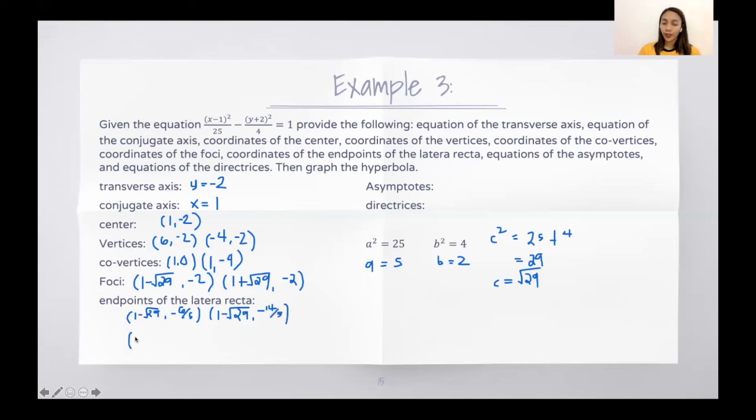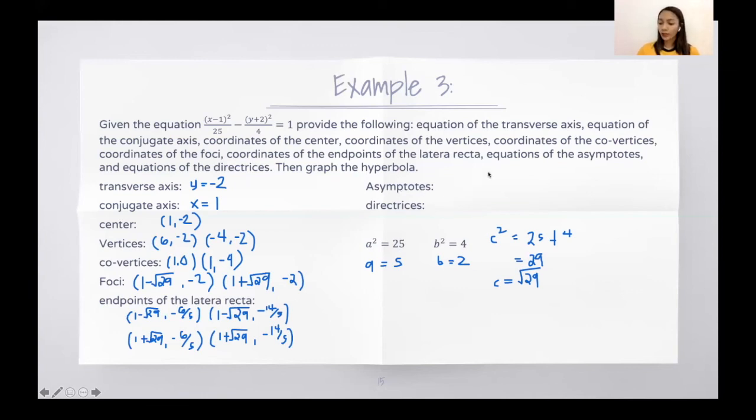Another endpoints, we have 1 plus the square root of 29, negative 6 over 5 and 1 plus the square root of 29, negative 14 over 5.